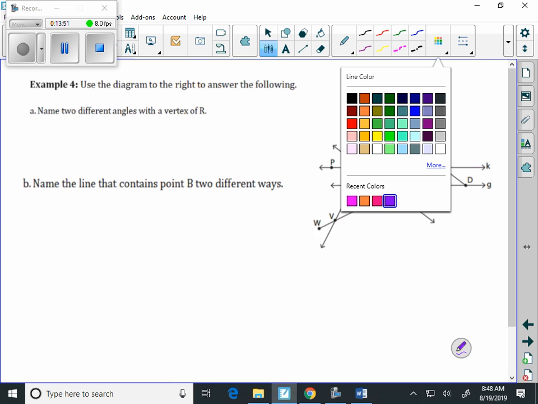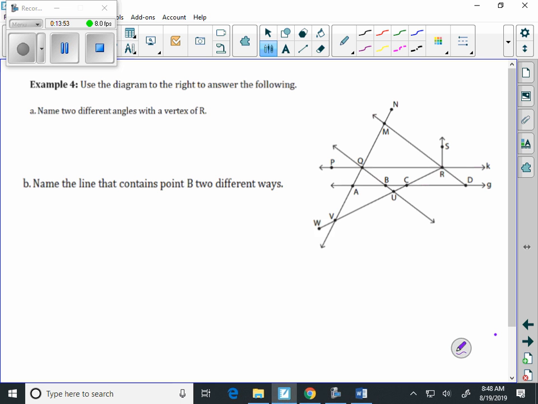If we look at this particular one, I did angle SRC. How about DRS?